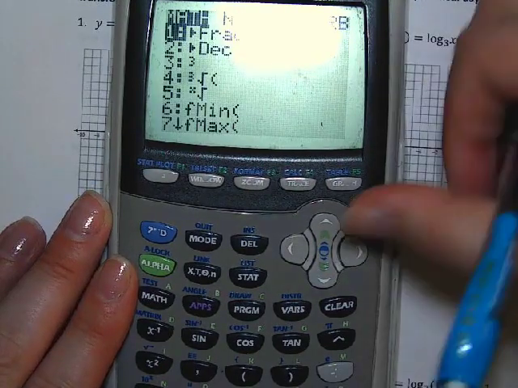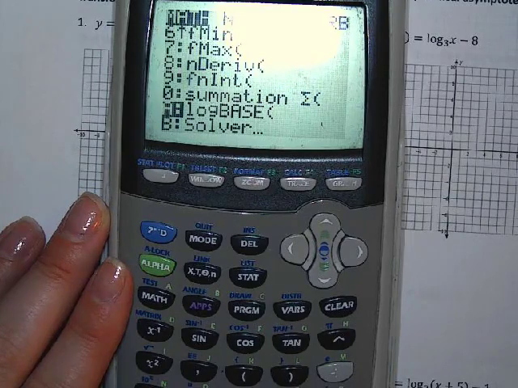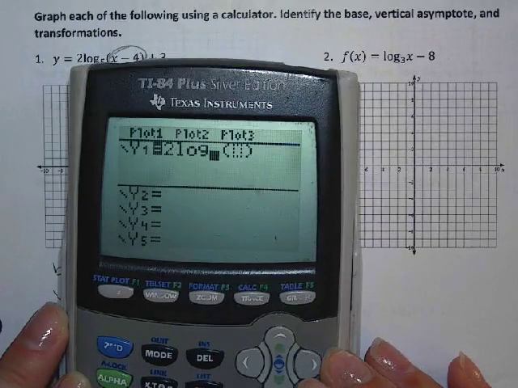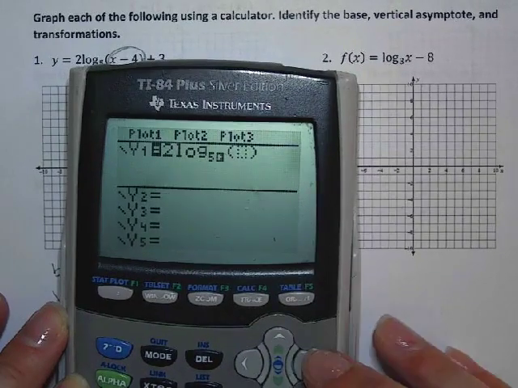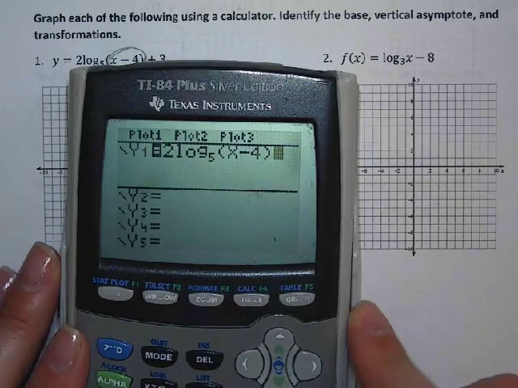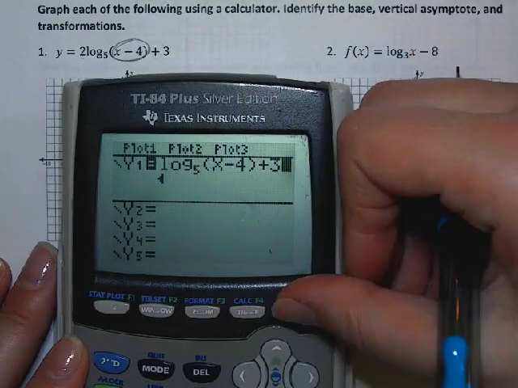And from the math button, we're going to go up, up. Hit the math button, go up, up. And then it will let you type the base and all the other stuff. So log base 5. Then we have the x minus 4. Then we have the plus 3 on the end. And then we can hit graph.